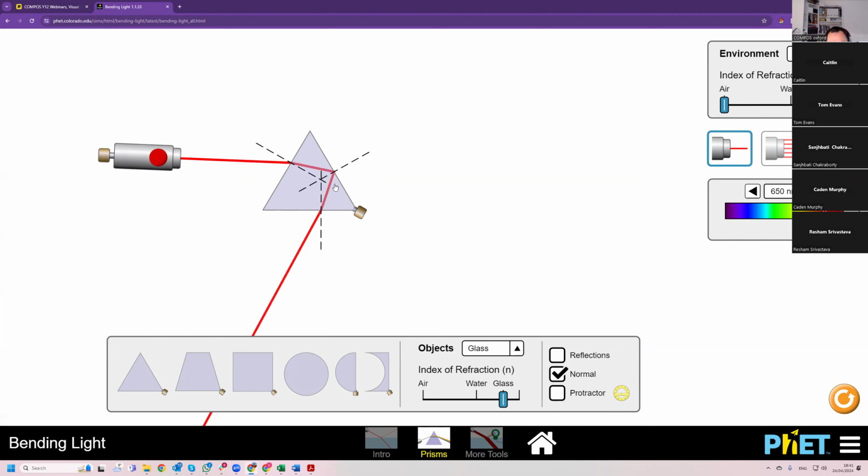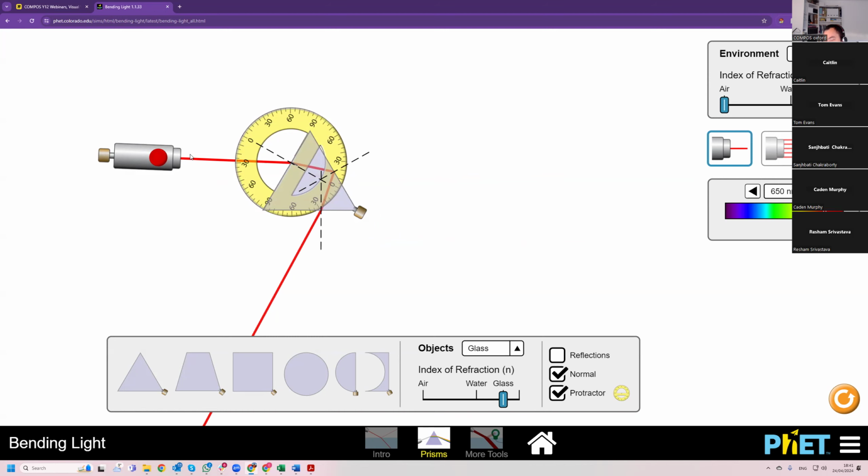Okay, let's measure. Angle of incidence. Does look like about 27, 28 degrees. Oh, we can't get the angles, but yeah, it does. So it does correspond to reality.